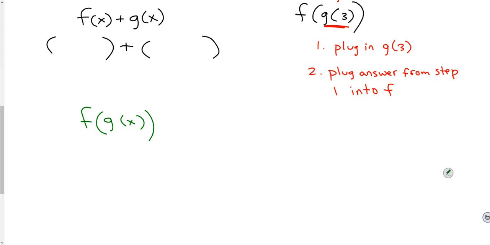So basically what this means is you're going to put this entire problem, so let's pretend it says g of x equals x plus 1. So you're going to go into the f problem and take out every single x there is and replace it with x plus 1. So that just means plug the first problem into the other problem for every single x that you see. And that's it, guys.